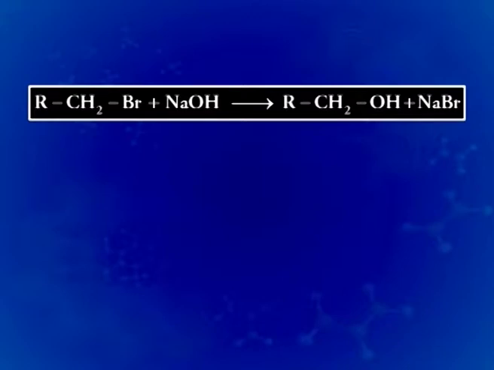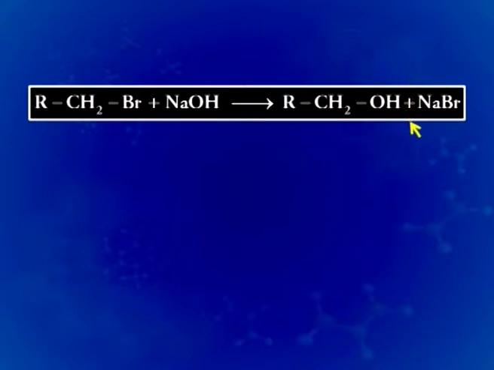So, what is happening? We can appreciate that bromine from the alkyl halide is getting replaced by the hydroxy of sodium hydroxide, giving us alcohol, and of course sodium bromide is getting eliminated. What exactly is happening here? We can see that the CH2Br bond is breaking. As a result, the bromine is getting eliminated and getting attached to the sodium of sodium hydroxide.